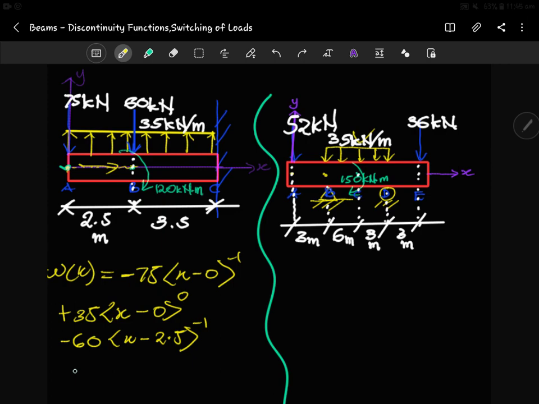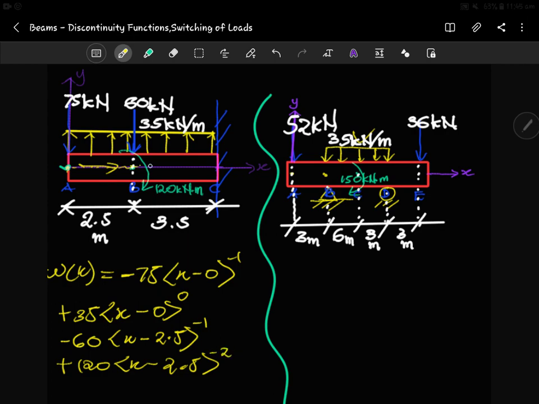The magnitude is 120, bracket x minus the position, which is 2.5, and since it's a moment, that's -2.